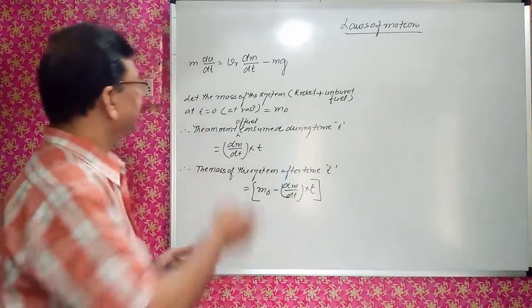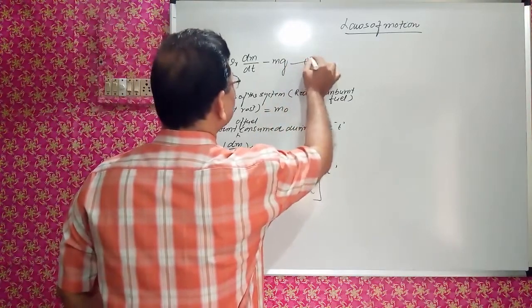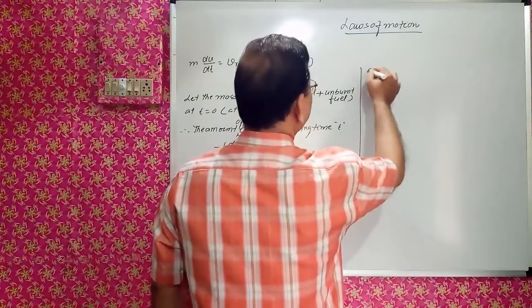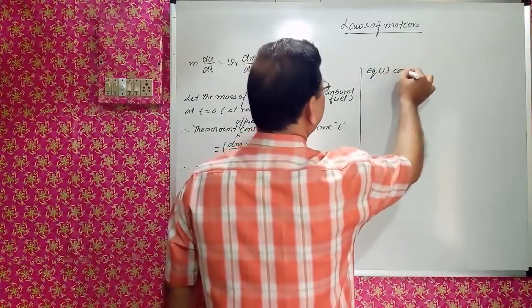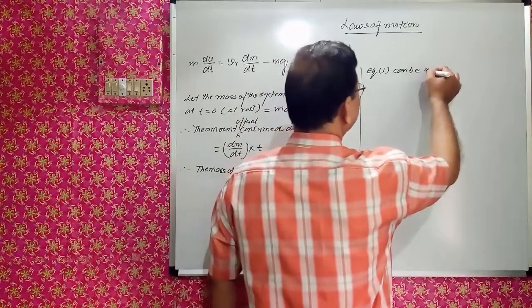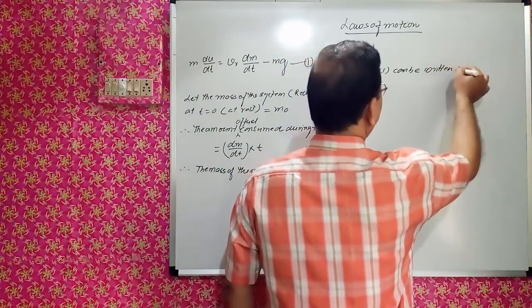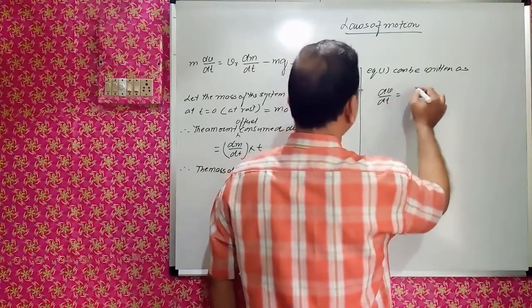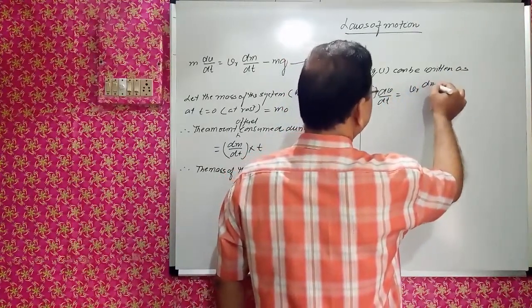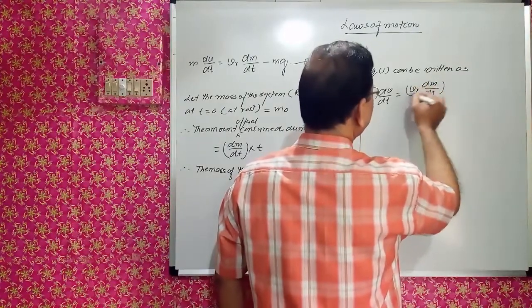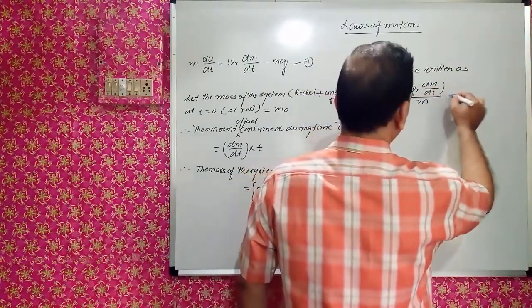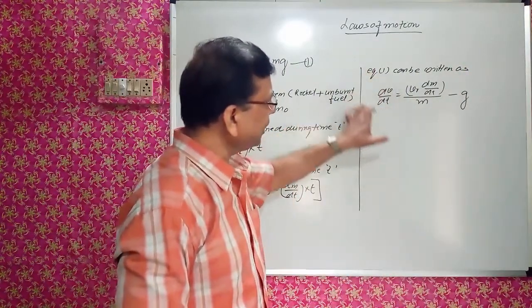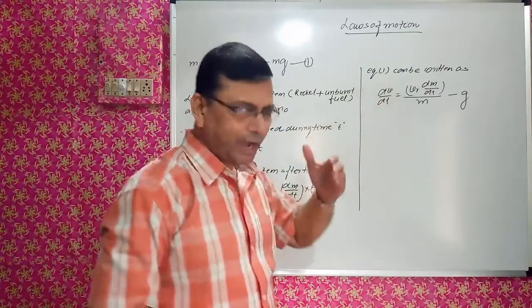Suppose this is equation 1. Equation 1 can be written as dv upon dt is equal to vr dm upon dt divided by m, minus g. So this is the acceleration of the system after time t.